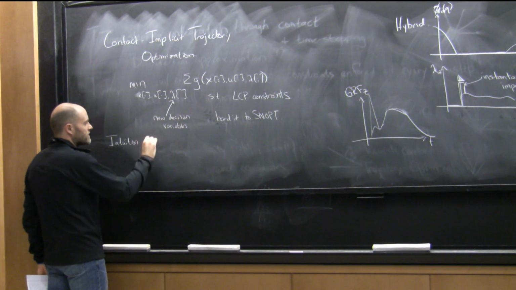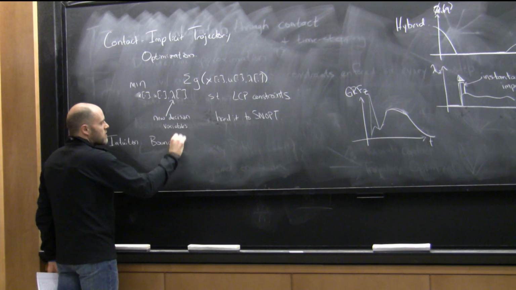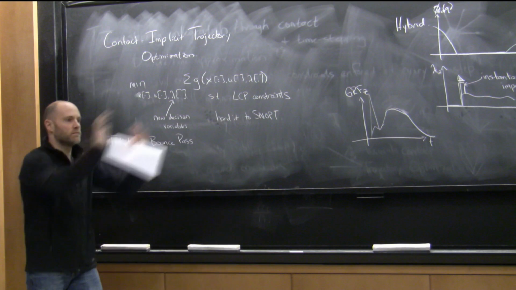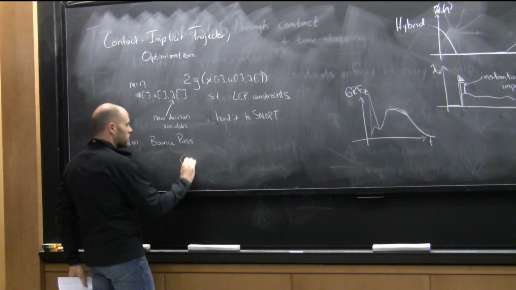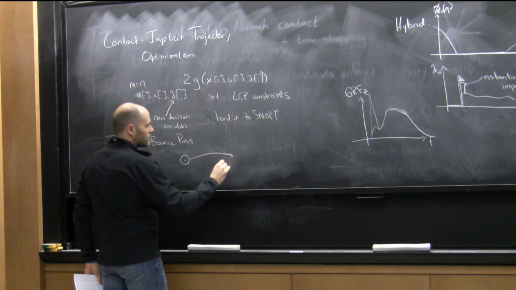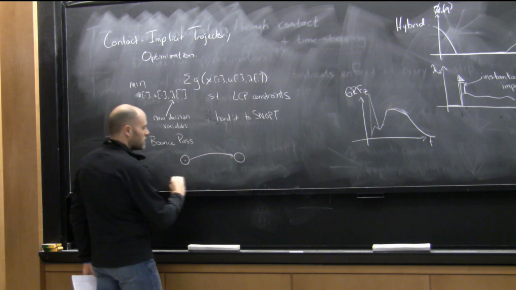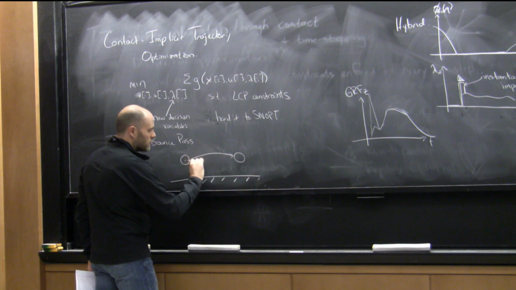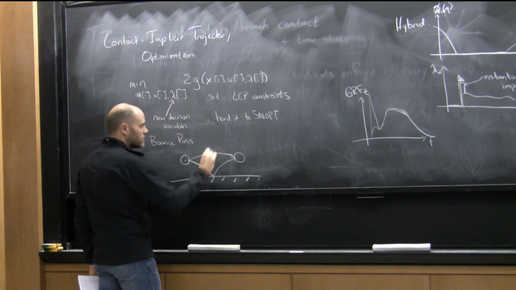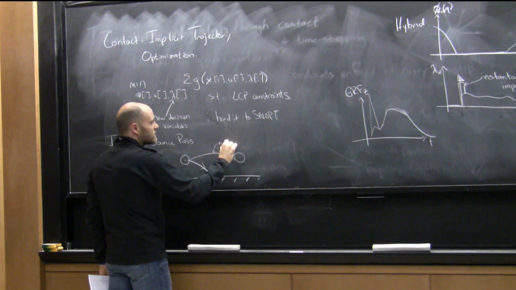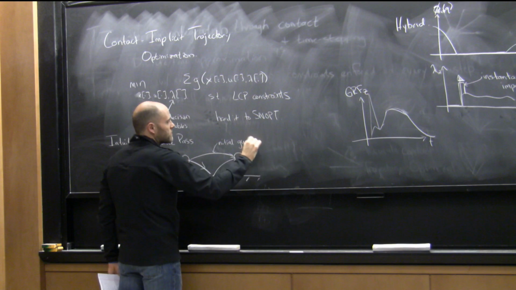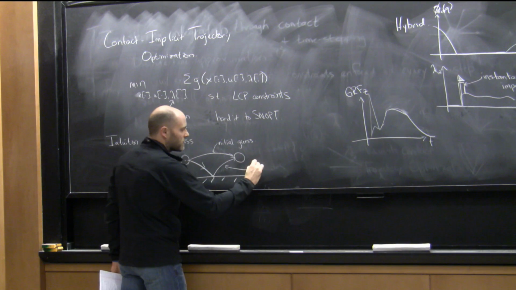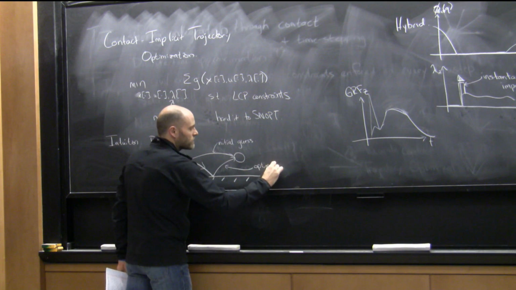Let's say the bounce pass. Imagine I'm just going to throw a ball from one side of the room to the other side. There's an obvious ballistic trajectory I could take here, but let's say the optimal solution would be to bounce the ball there. So let's say my initial guess of my trajectory optimization was here, and my optimal solution, given my cost function, was actually to bounce.